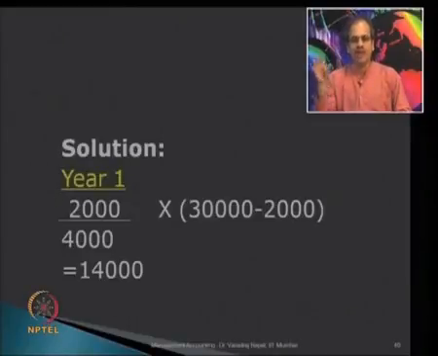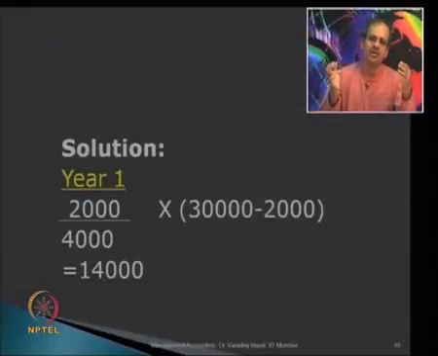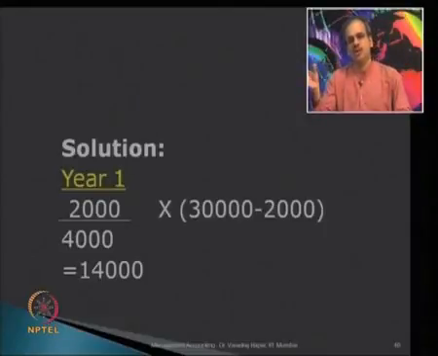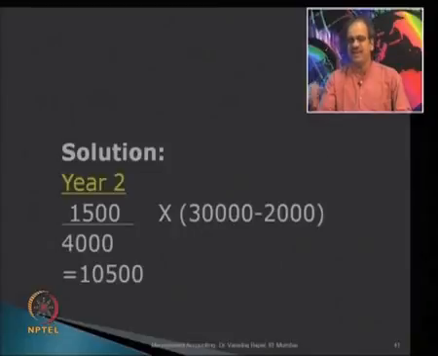Now, you already know that the rate is 7 rupees per unit, 7 into 2,000 also you can calculate, it will come to 14,000, or the way it is calculated here, you can take 2,000 upon 4,000 into 30 minus 2, that is 28. In year 2, the use is 1,500.